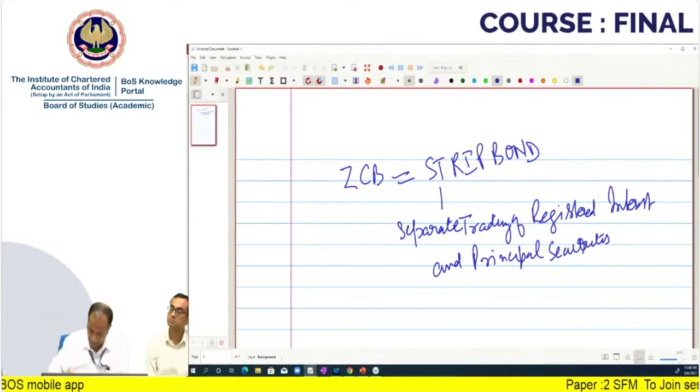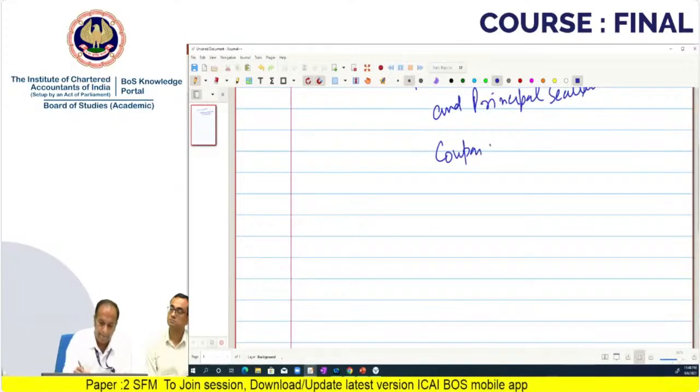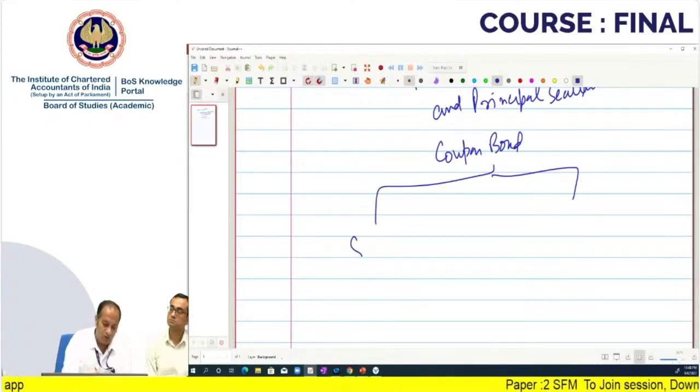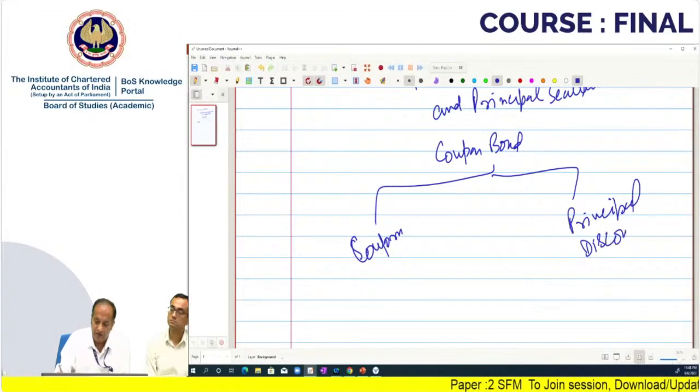What happens when a coupon bond is divided into two parts? Once it is sold as coupon rights only, and the principal is sold at a discounted value, then it becomes your zero coupon bond.